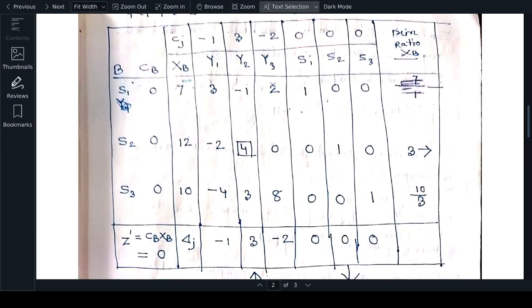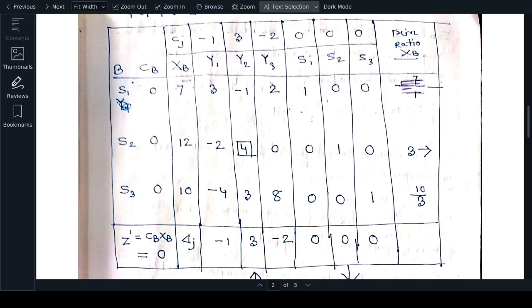Next element 1. 1 minus 1 into 0 divided by 4. Yes, 1 minus 1 into 0 divided by 4, so ultimately 1.